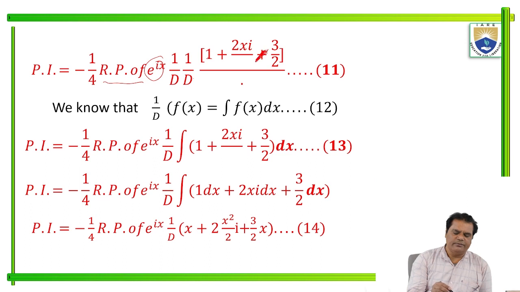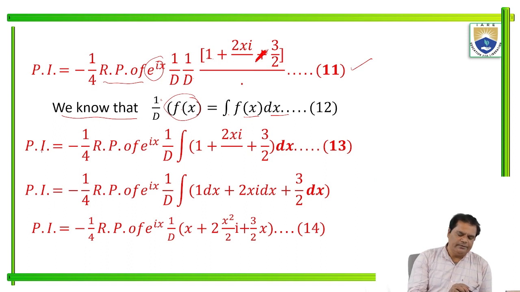This is equation 11. Now we know that 1 upon d of function f(x) is the integration of f(x) dx. 1 upon d means integration of the function f(x), any function given after 1 upon d.